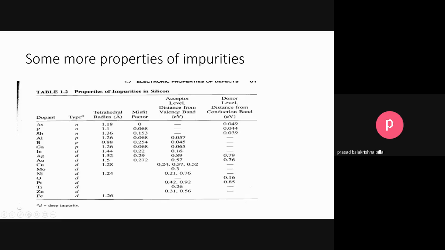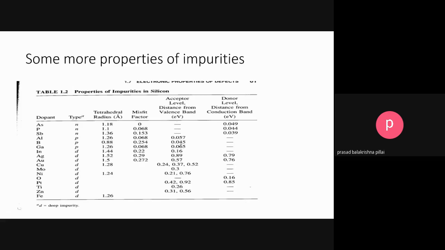And then you see, this is not a distance, actually it is the energy gap. So this is a kind of energy. Like there is a slight difference. Arsenic has 0.40 electron volt, then phosphorus has 0.044, then antimony has 0.039. These are the n-type dopants, and aluminum, boron, gallium, etc., have different ionization energies.